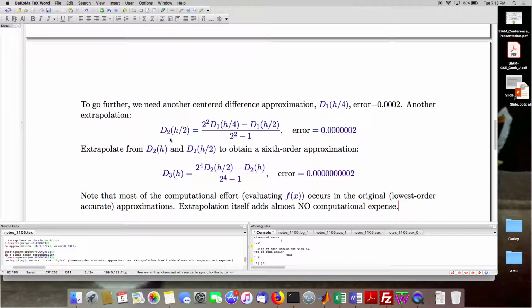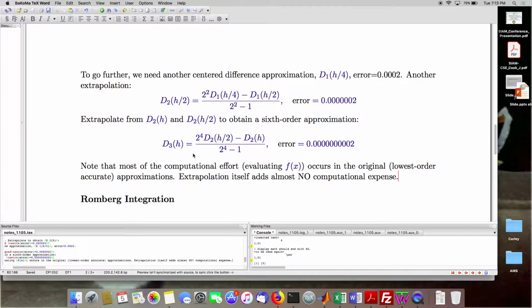I can extrapolate between h over 8 and h over 4 to get a fourfold one, and then extrapolate with my other fourfold approximation to get a sixfold one. Then I can go out to eightfold, and you can do this as many times as you feel like. All right, but again, there's still the expense of the original approximations that you have to take into account.